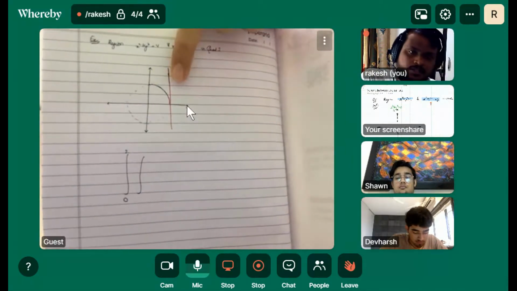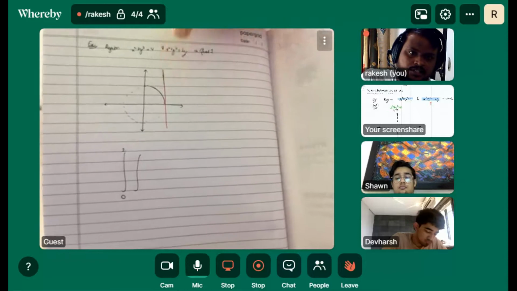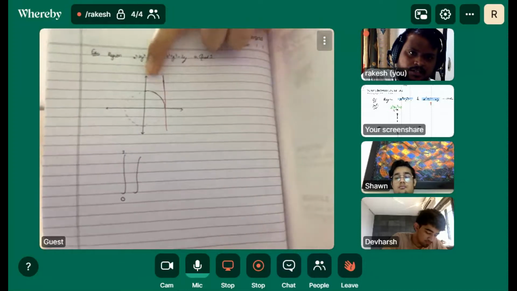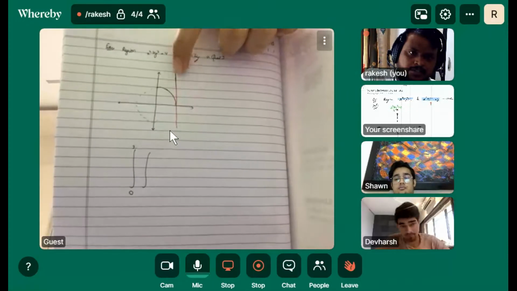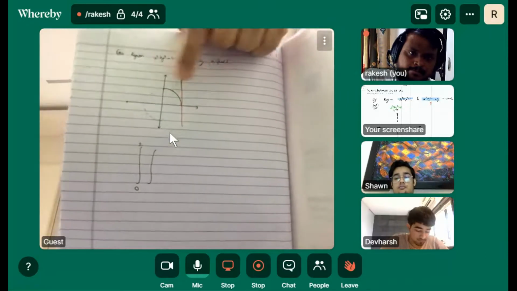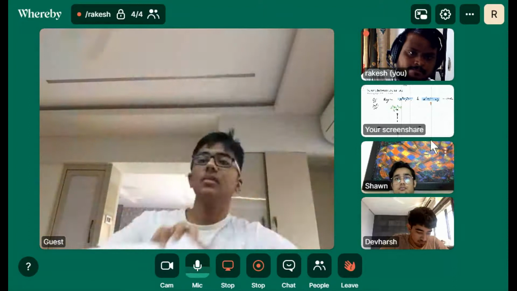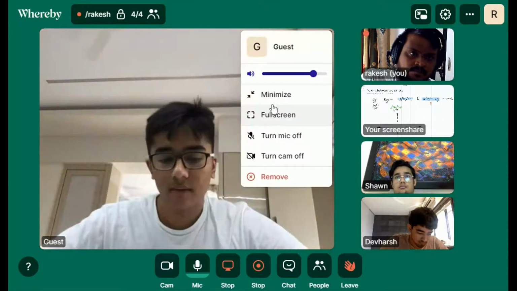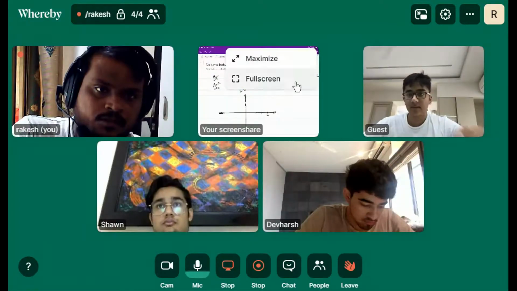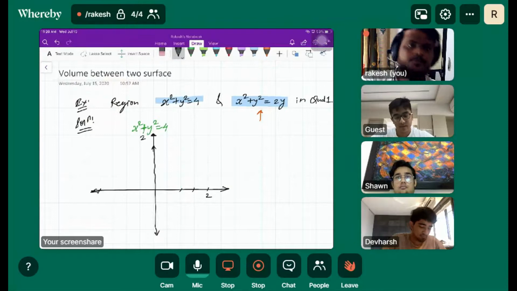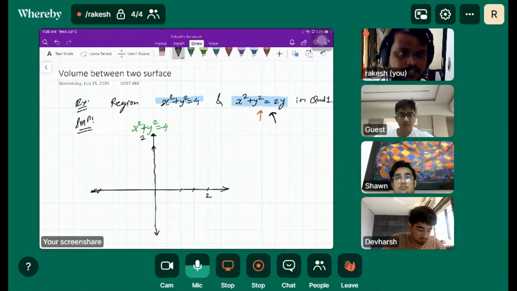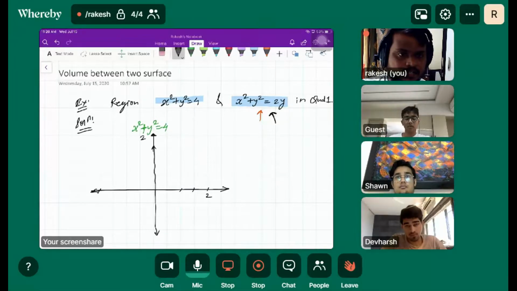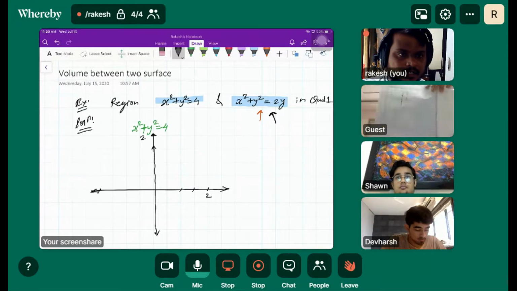And what is the red line? This is the cylinder. This is 2, 0, and this red line is the cylinder. It goes behind, between the origin and that. So that red line is what you're referring to, the equation x square plus y square is equal to 2y.